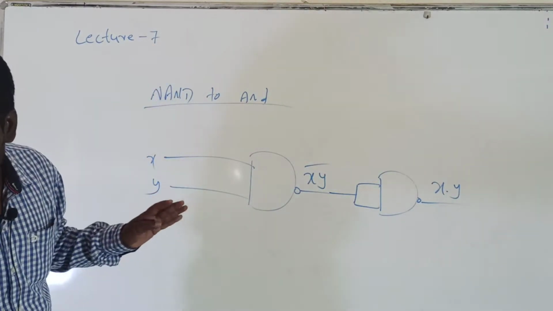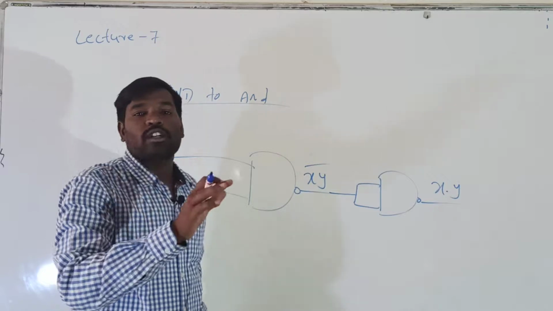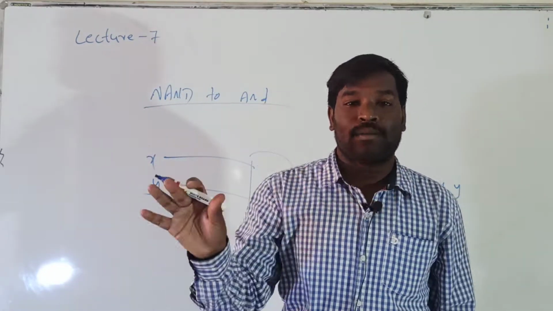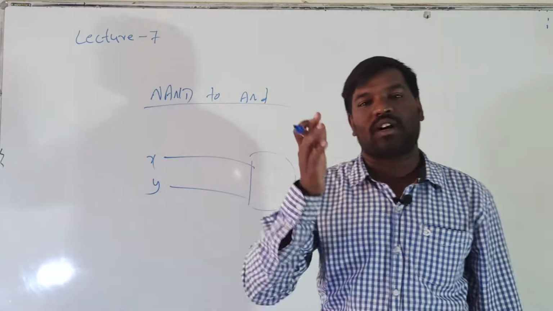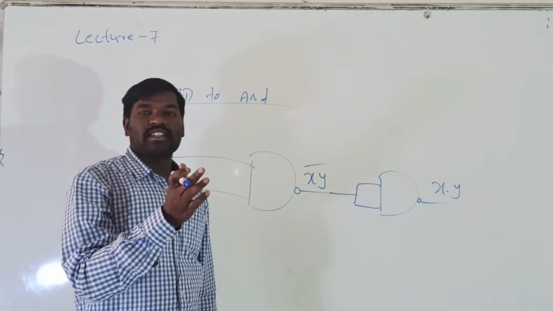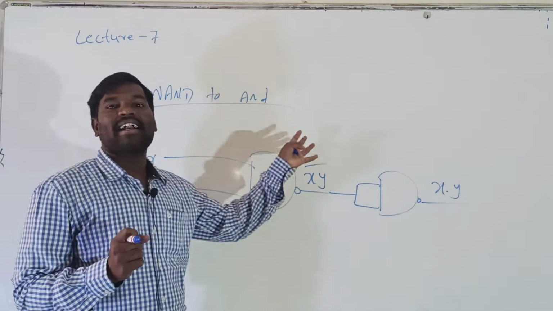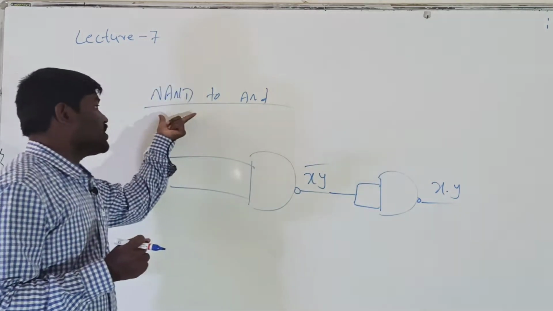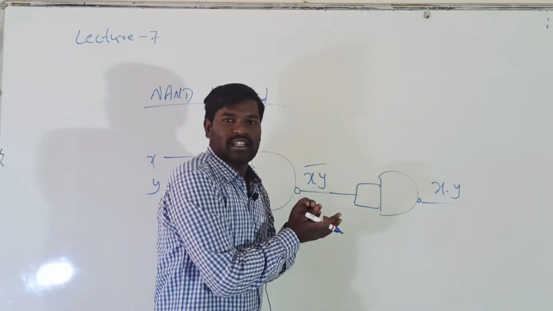So in any situation except NAND gate, we cannot use any other gates, because with the help of NAND gate you are drawing the circuit diagram for the NOT and OR gate. See here, so this is the inverter with respect to NAND.